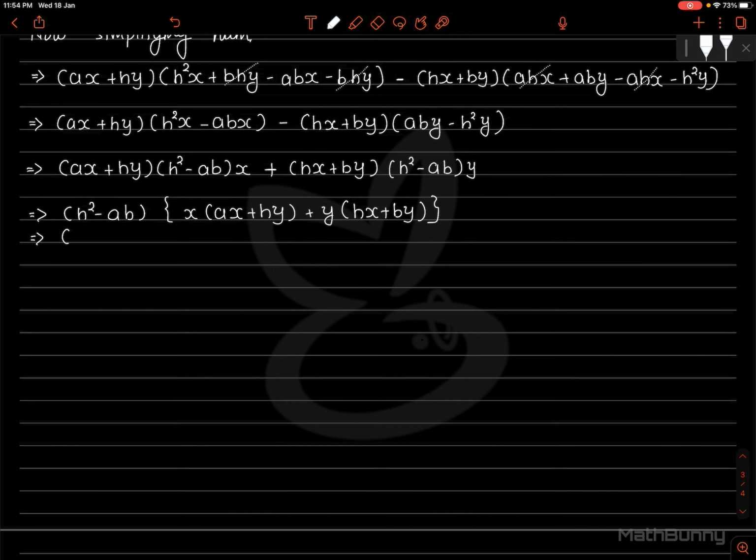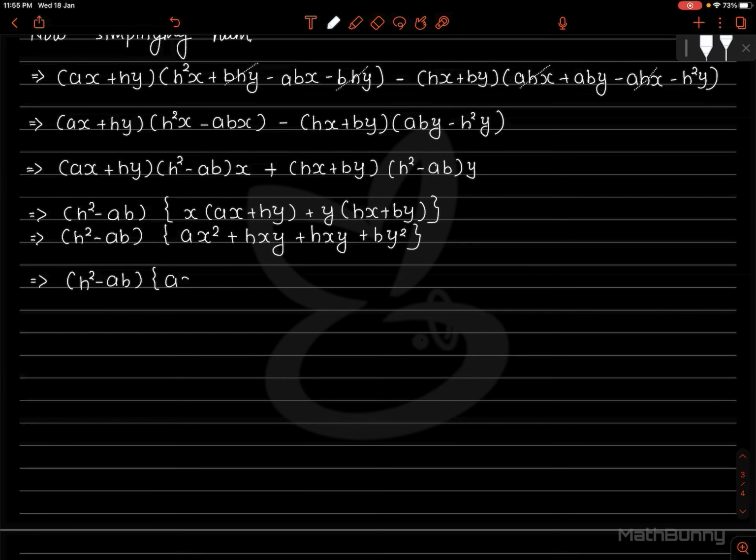Simplifying this further, (h square minus ab) into (ax square plus hxy plus hxy plus by square). So the numerator would become (h square minus ab) multiplied by (ax square plus 2hxy plus by square).